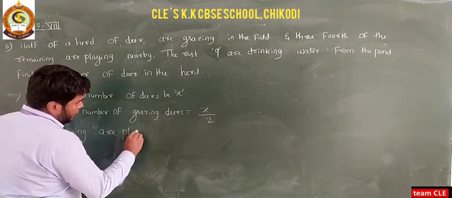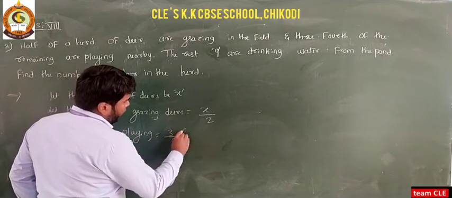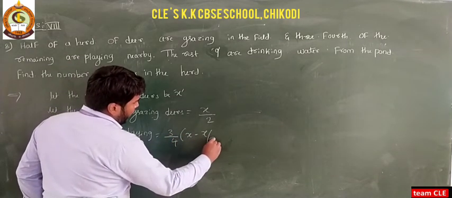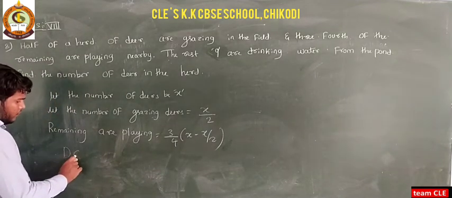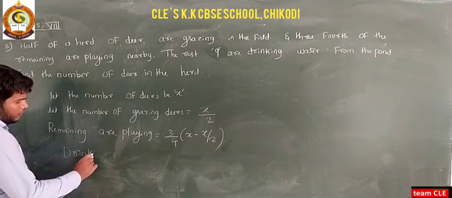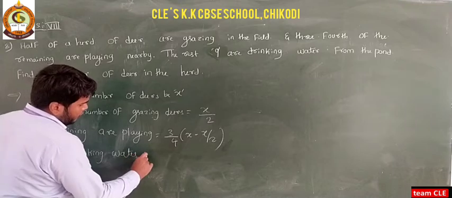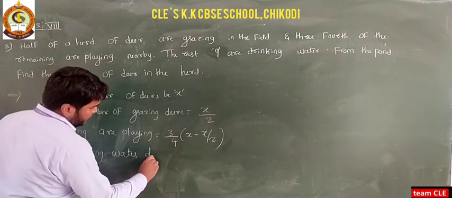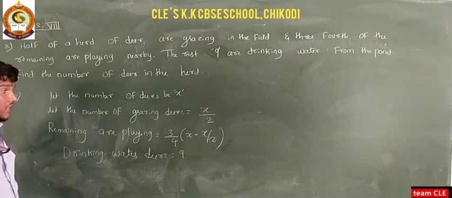Remaining are playing means what? It is 3/4 of x minus x by 2. And totally how many are drinking water? 9 deer are drinking water. So this is the given thing in the question.